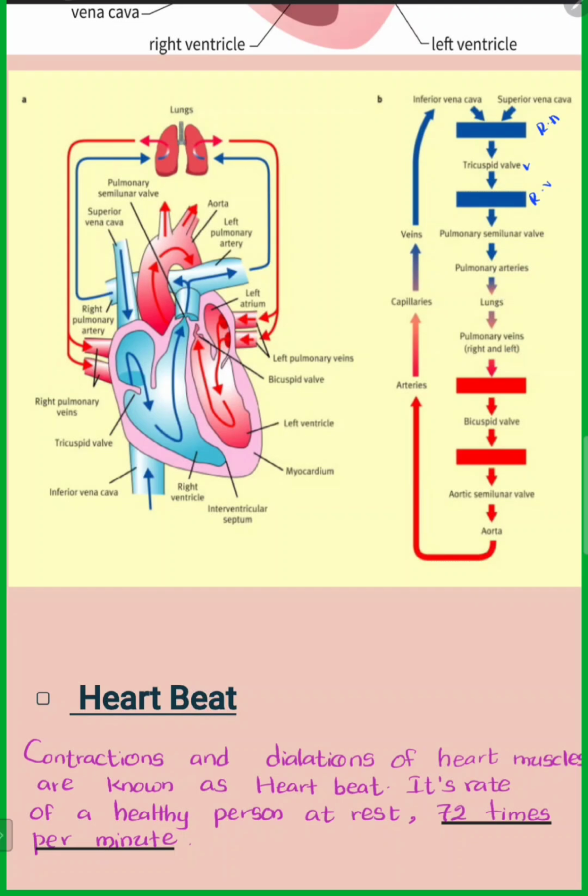After being oxygenated, the blood returns to the heart by the pulmonary veins and enters the left atrium.